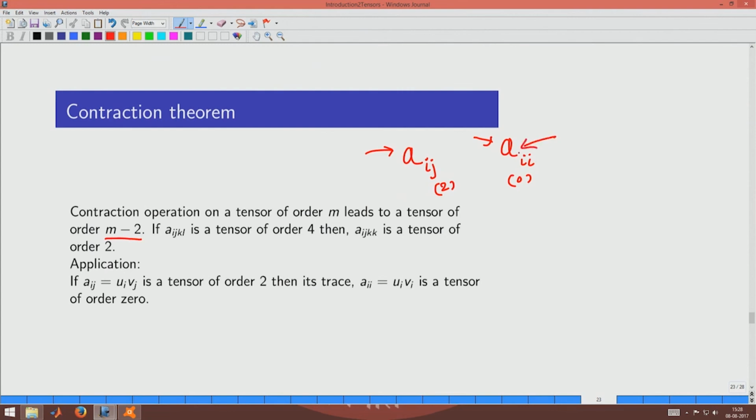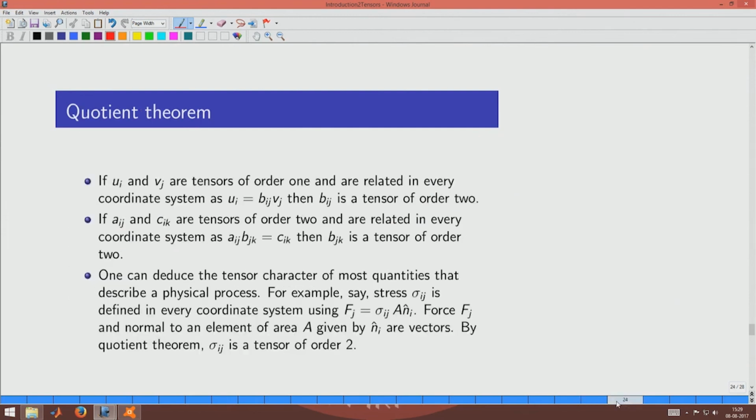This is something that we have proven separately earlier, but from this theorem it is also evident: the contraction theorem applied to a second order tensor gives you the fact that the trace of a tensor is a scalar. You could also apply it to any higher order terms.